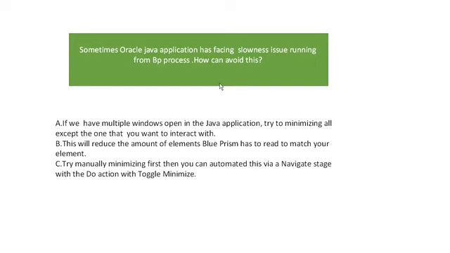When we talk about Oracle Java, we see multiple screens with the same name. So you can't identify whether your screen has moved from one page to another in the application.